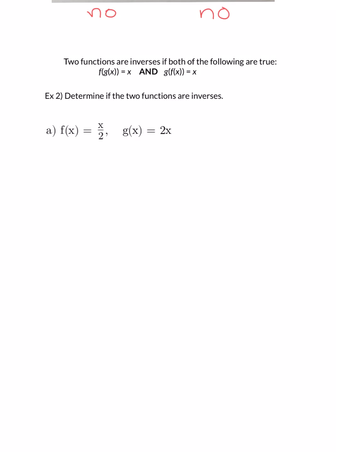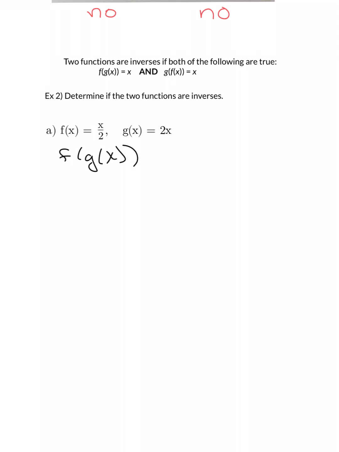We are being asked to determine if the two functions that we are given are inverses. The first example, we have a function f that is defined as x over 2, and our function g is defined as 2 times x. So first, we want to do f of g of x.